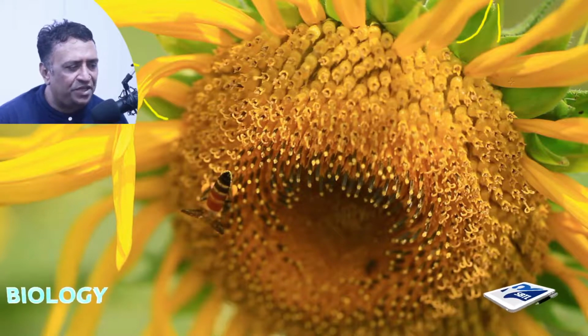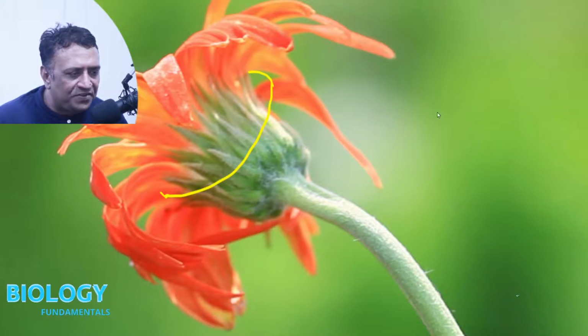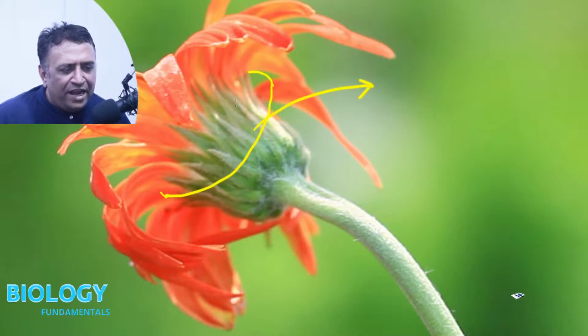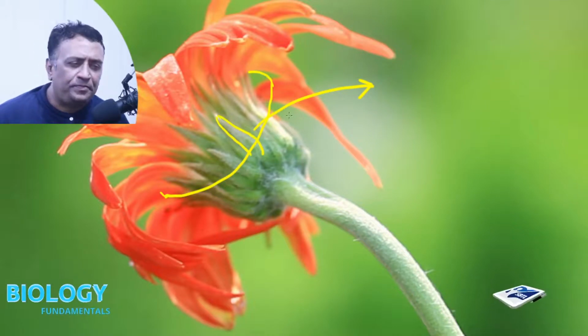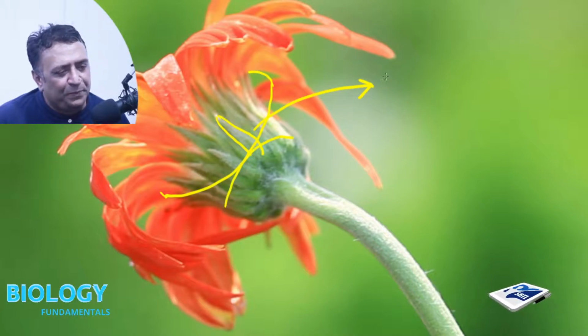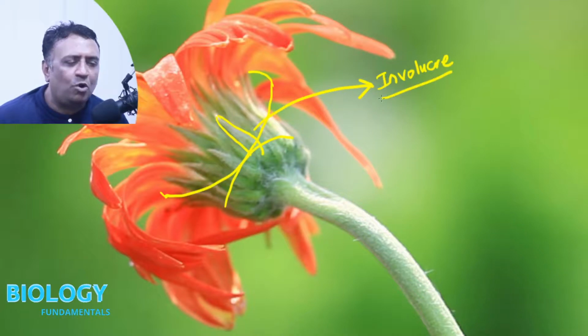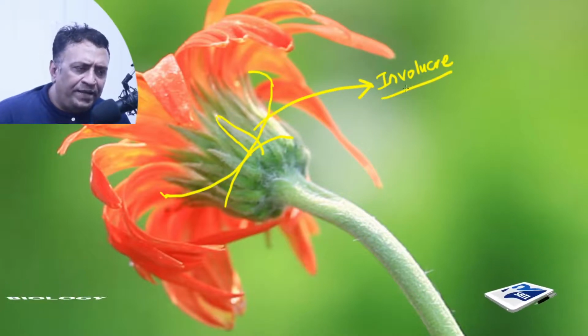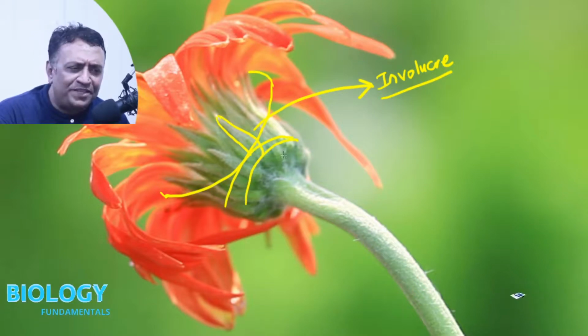There are such leafy appendages, such type of structures, and they are in the form of a whorl here. Such a whorl of bracts is known as involucre, or that is also called involucel. Fine. So this is a whorl of bracts that is present in this inflorescence.